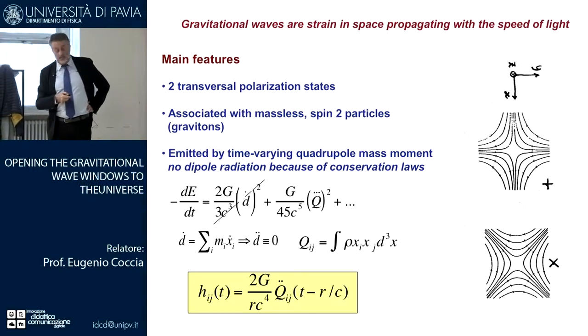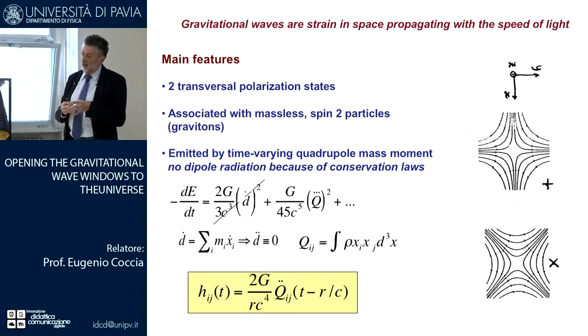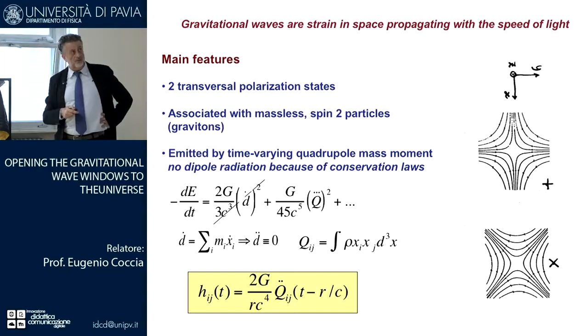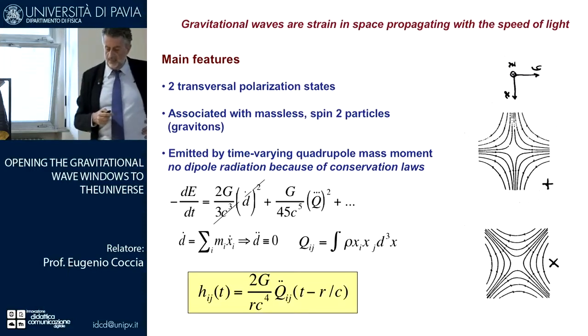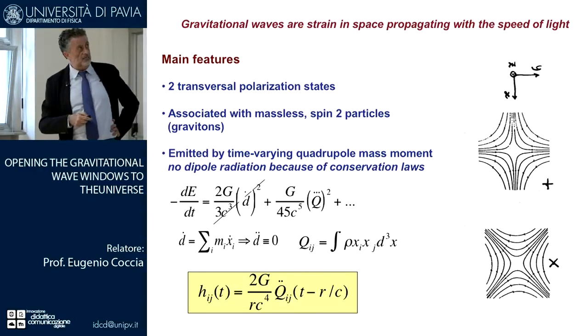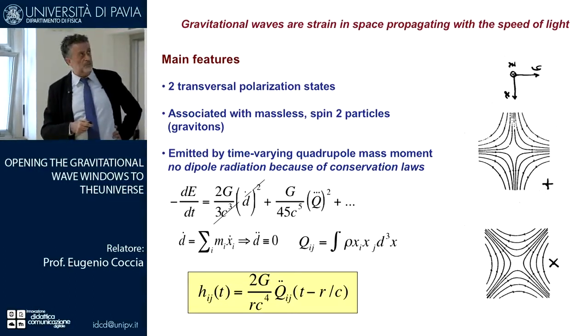Another interesting fact connected to this is that a source which loses energy because of emitting radiation has no dipole term, which is the first non-null term in the electromagnetic case. If you expand the energy lost by a system, the first term, the dipole, is 0 in the case of gravity, and this is connected to the fact that the linear momentum is conserved, so it is not possible that a dipole term exists in this radiation.